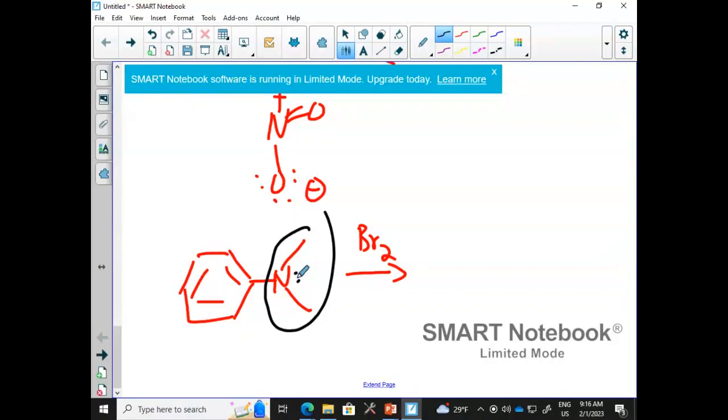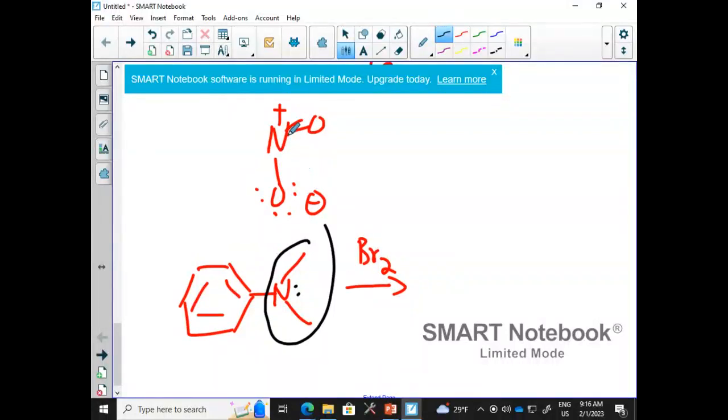So this is actually one of the most powerful activating groups. If you have nitrogen bound to the ring, usually if you have oxygen bound to the nitrogen, it will be deactivated. But you don't have that. If you have carbon or hydrogen bound to nitrogen, you have to look at whether there's a lone pair here.